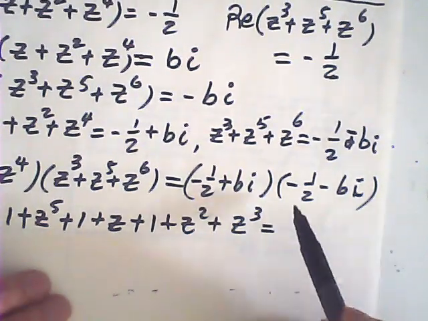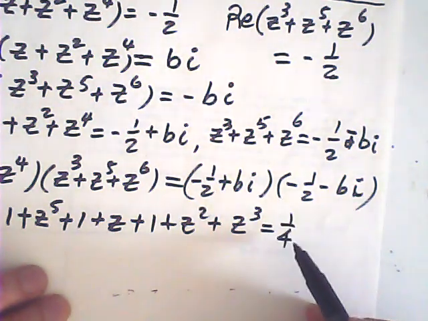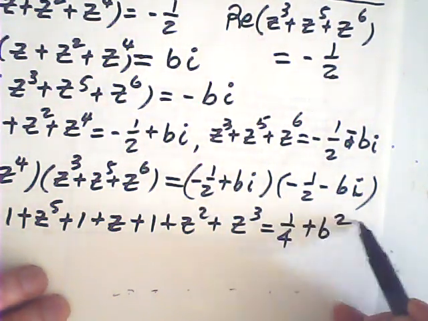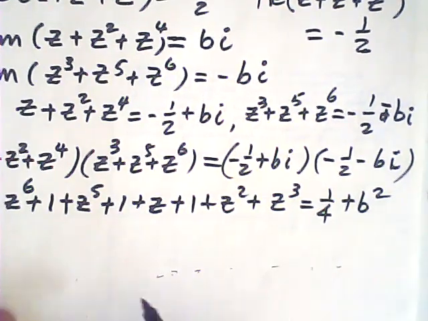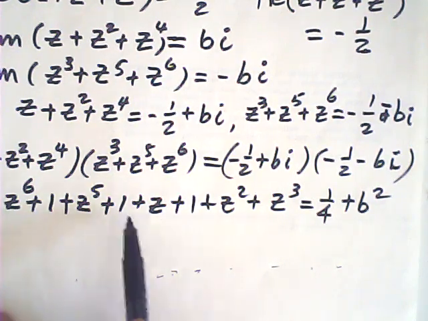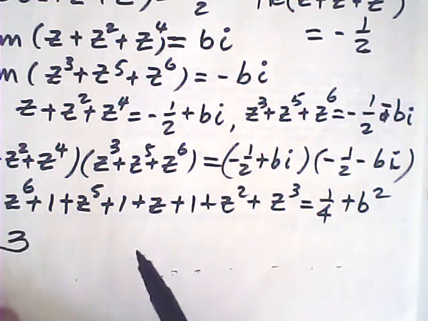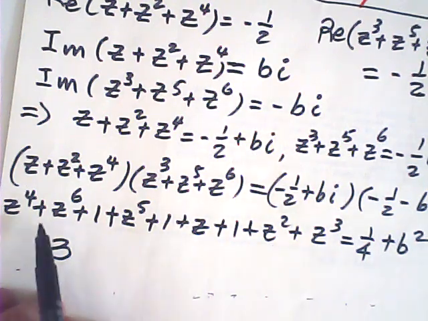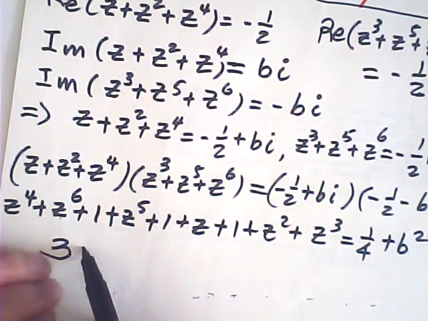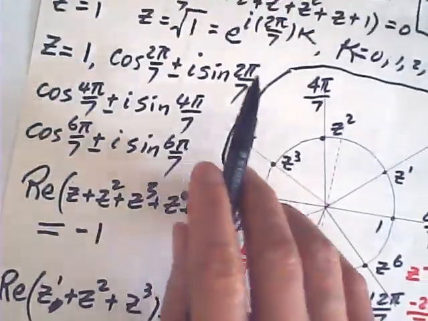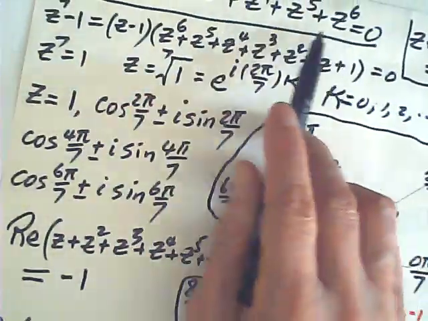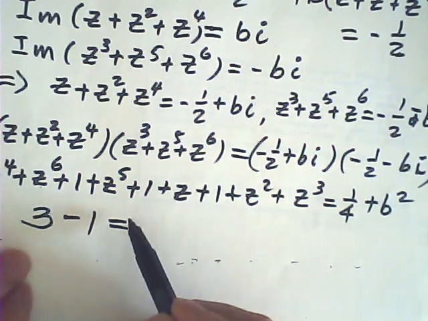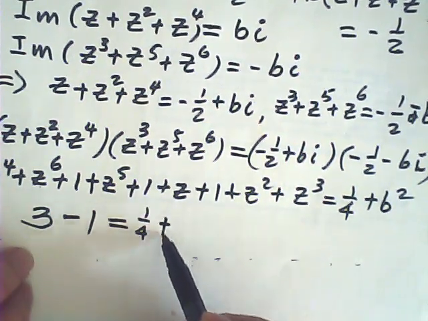Then this is equal to 1/4 plus b squared. And this will be 1, 2, 3, z2, 3, 4, 5, 6 is equal to -1. See? Because the sum of these z's is equal to -1. Is equal to 1/4 plus b squared.